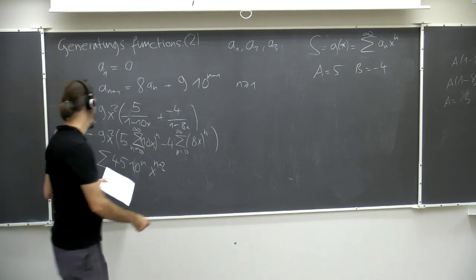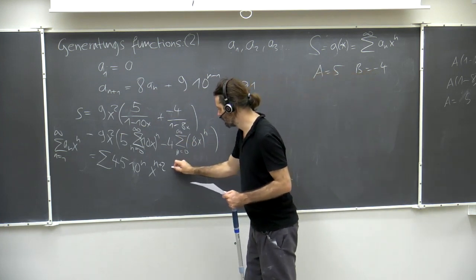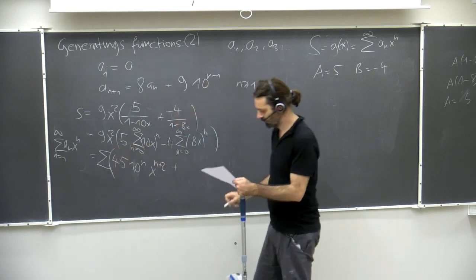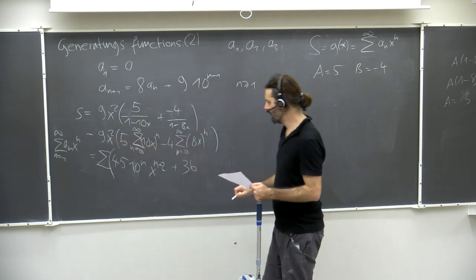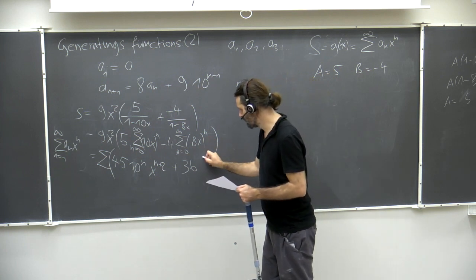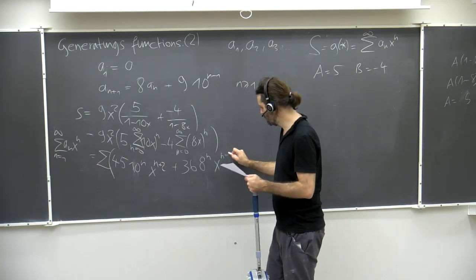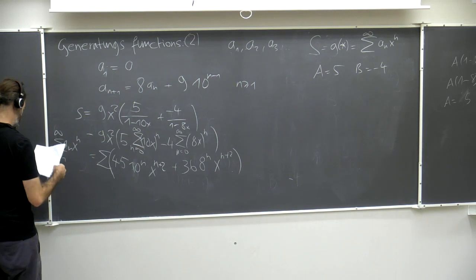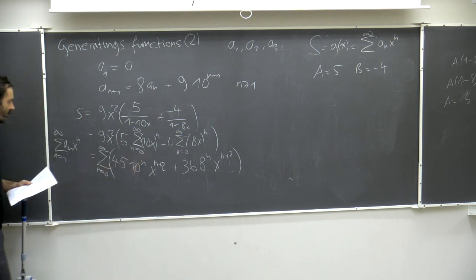And I can also rewrite this expression. So it will be plus 9 times 4 is 36, times 8 to the n times x to the n plus 2. And the sum is going from n is equal to 0 to infinity. That was our sum starting in 0.